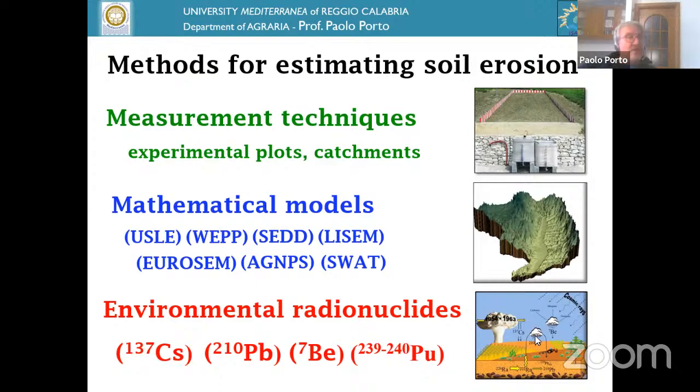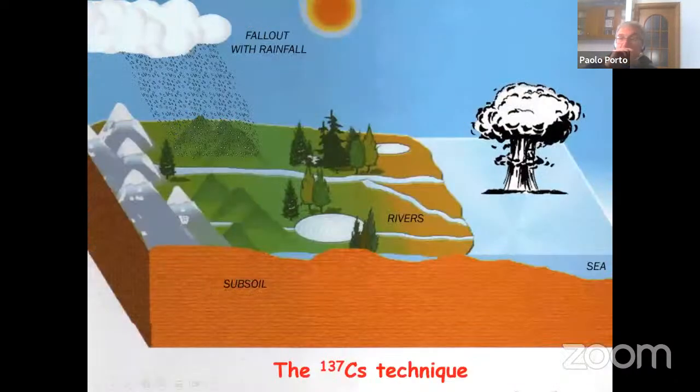And in order to have an idea of what cesium-137 is, it originated, as I said before, from the nuclear tests that were carried out starting in 1954 to, let's say, the beginning of the 80s, even if there are some countries that still do some tests, like North Korea or other countries. But anyway, the greatest proportion of the activity stopped at the beginning of the 80s.